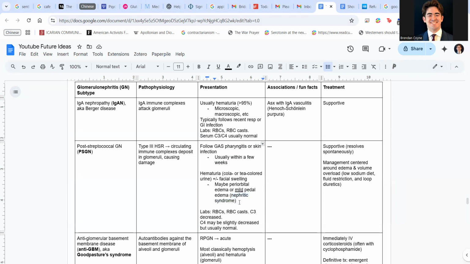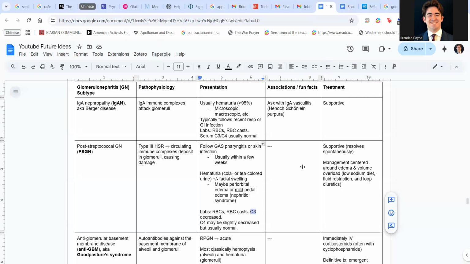While nephrotic syndrome is more classically associated with pedal edema, in nephritic syndrome, if there is pedal edema, it's very mild. For labs, you will see red blood cells and red blood cell casts in the urine, and you will also see decreased C3 levels. C4 might be slightly decreased, but it's usually normal. It's mostly about that C3.